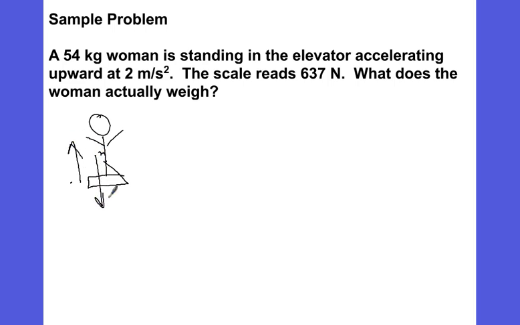Weight pushes downwards on the woman. To make that simpler, we've got the normal force from the scale, and then we have weight. Because the woman's accelerating upwards, normal is greater than weight in this case. I didn't do a very good job drawing it.